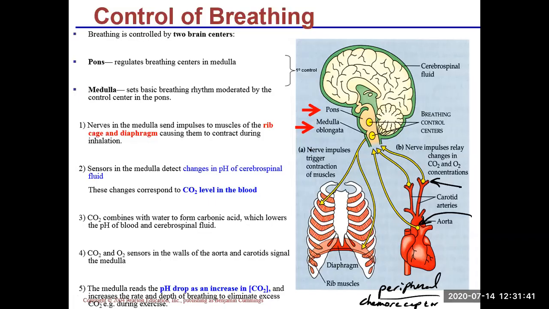Now, there are some chemoreceptors within the central nervous system, in particular on the medulla oblongata, right outside of it, where they are sensing the cerebrospinal fluid. And these are called central chemoreceptors.